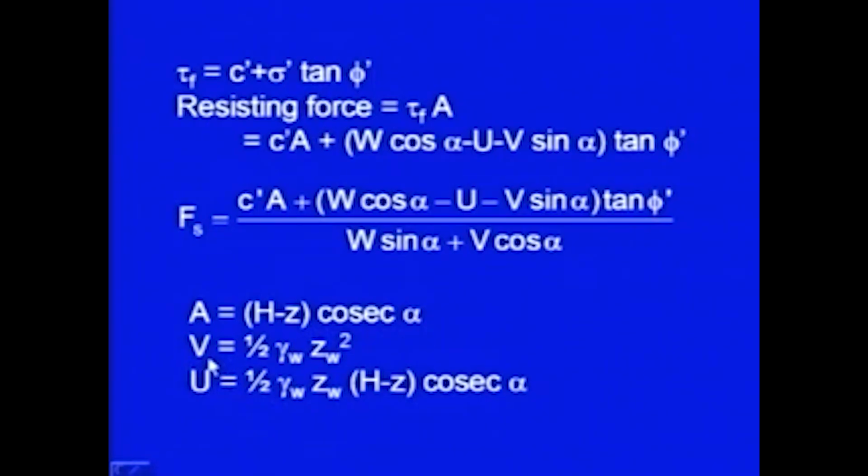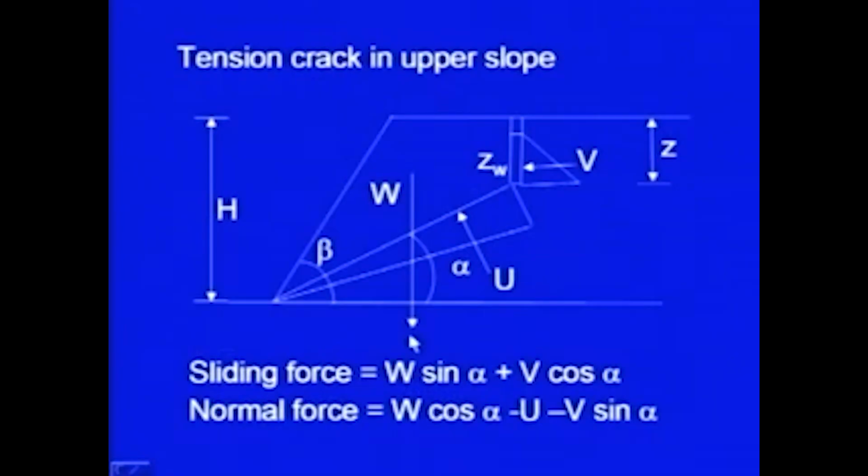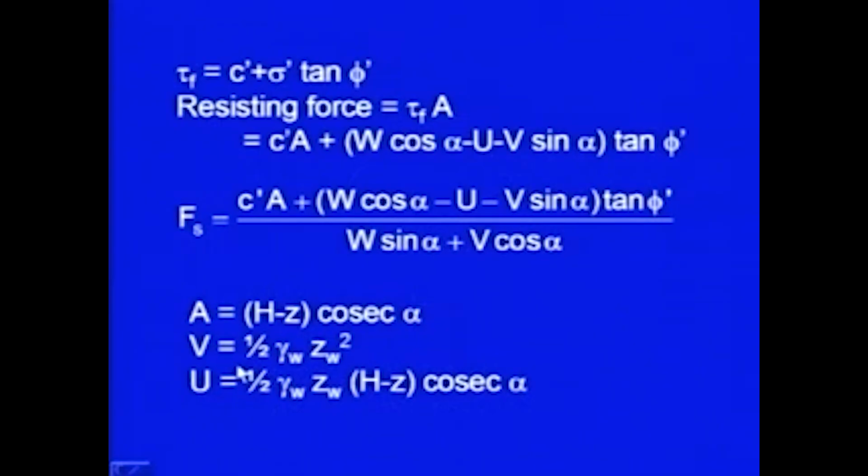Similarly, the pressure V is half gamma w into z w square. So, here it is half into this ordinate into this ordinate, this is z w, this is equal to gamma w into z w. So, the area of this diagram gives you half gamma w into z w square, and U will be equal to half gamma w into z w into h minus z cosec alpha.